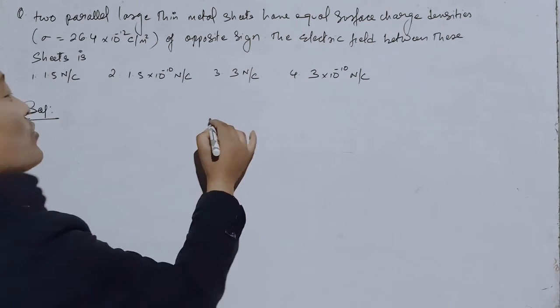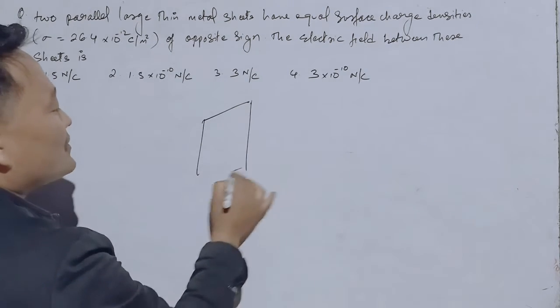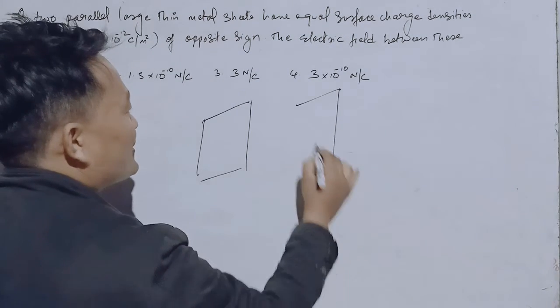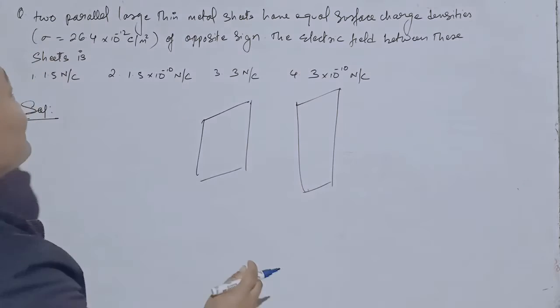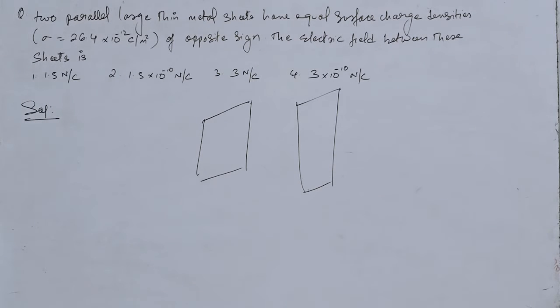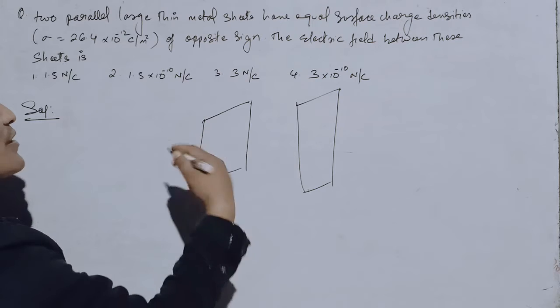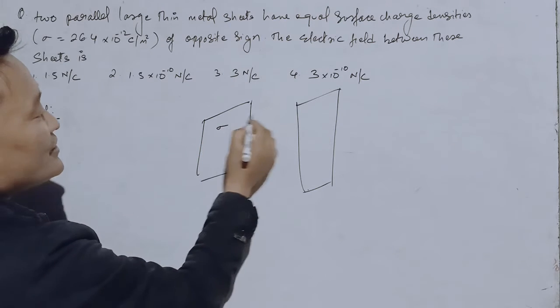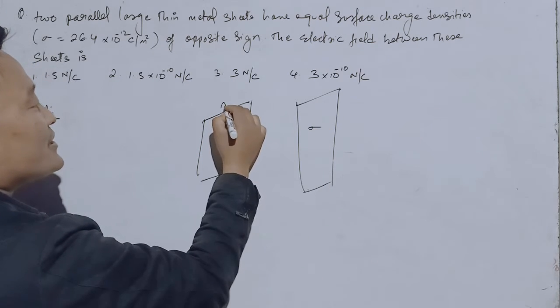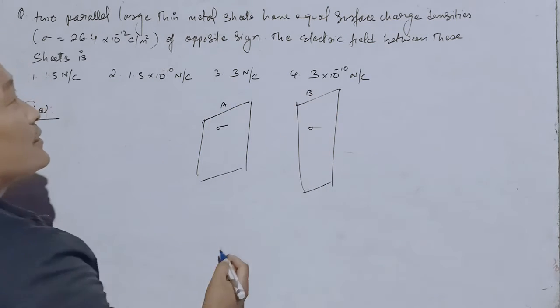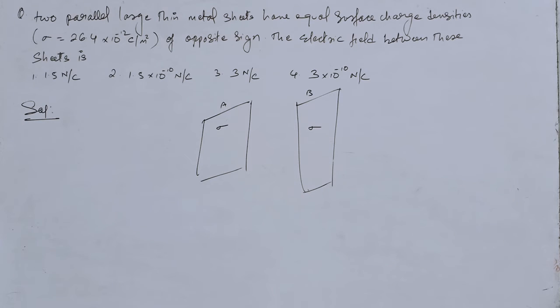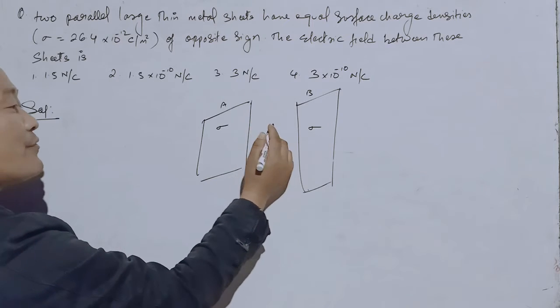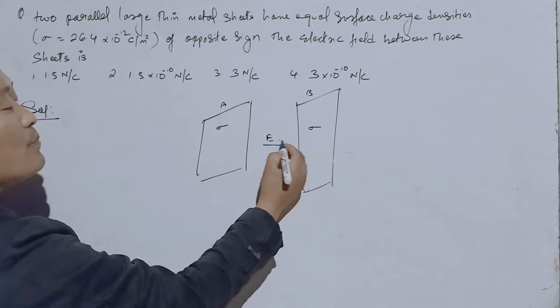It consists of two parallel sheets, with equal surface charge density sigma, let them be A and B. What we have to find is the electric field between these two plates.